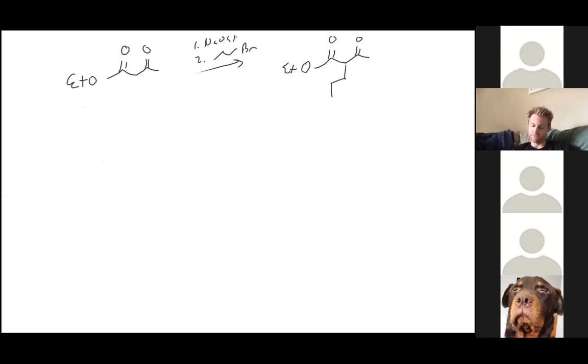If we add an H3O plus and heat, we're going to be able to decarboxylate this left portion of our molecule, and be left with just a ketone in this case.